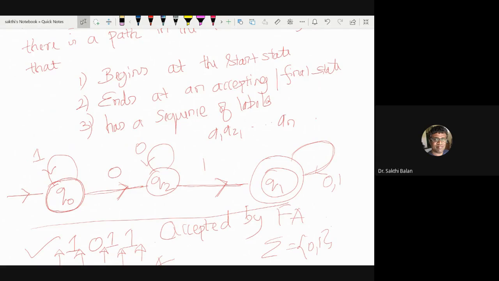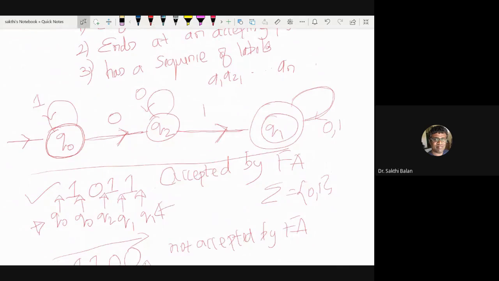But we did not say why we remain in Q0 itself if we read a 1, why we shift to Q2 if we read a 0, and from Q2 if you read a 0, you remain in Q2 itself, and you transit to Q1 on seeing a 1 from Q2, right? And from Q1, you remain in the same state, whatever symbols you read, right? So what is the idea behind it?